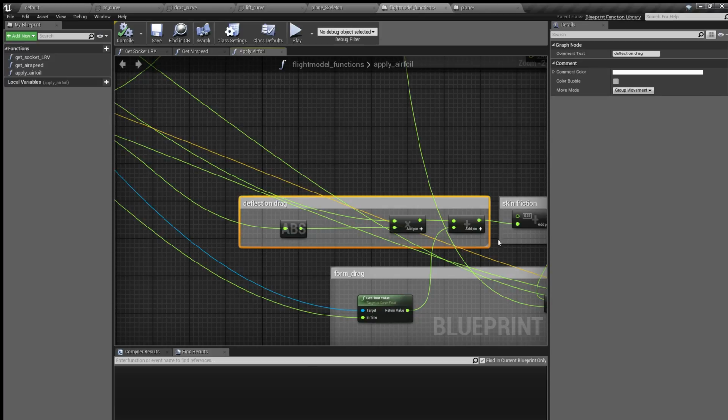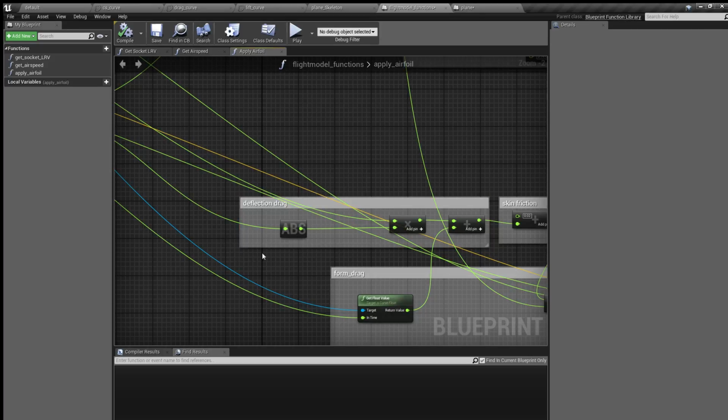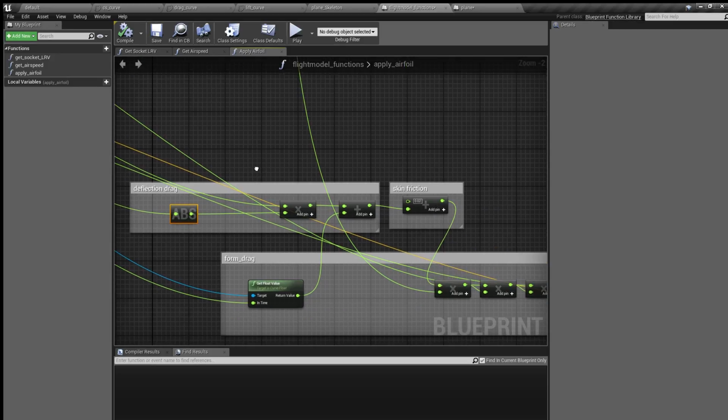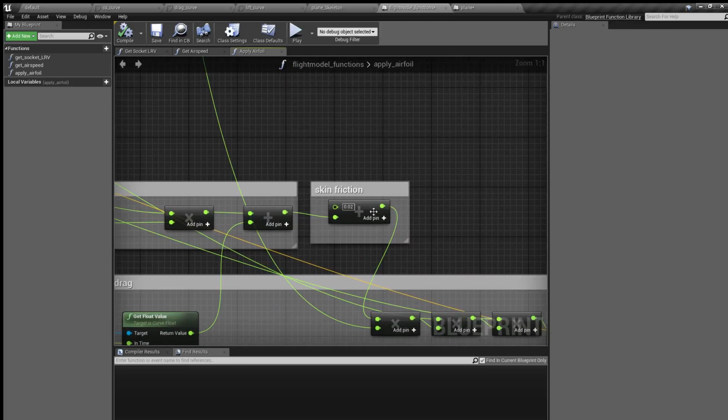deflection drag. This is a very simplified calculation. I just took the deflection of the control surface and added it. Next we have skin friction, which again actual calculations would be too complicated for a video game.